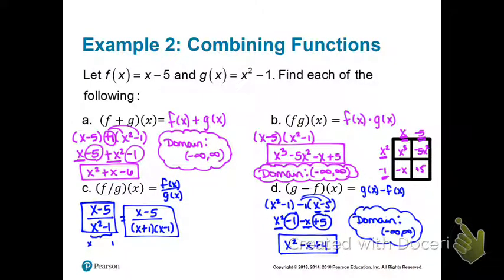Now, when we go to do the domain for this one, the domain is what our denominator was before we did any canceling, okay? Our domain here is going to be where g of x cannot equal 0. Remember, it was specific on it. Because g of x is our denominator, it cannot equal 0.